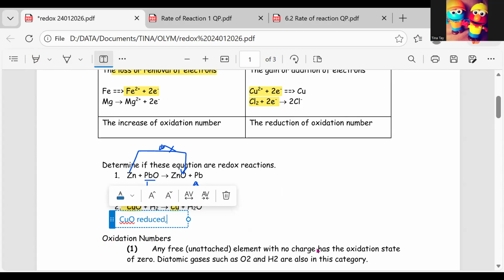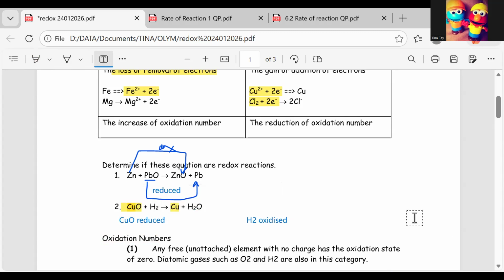And then H2 is oxidized. Right? Can you understand? Okay.